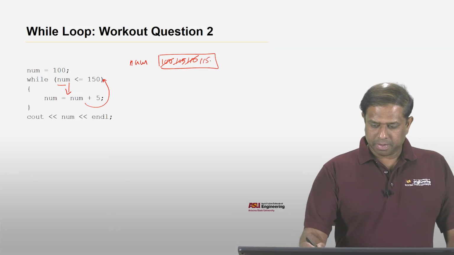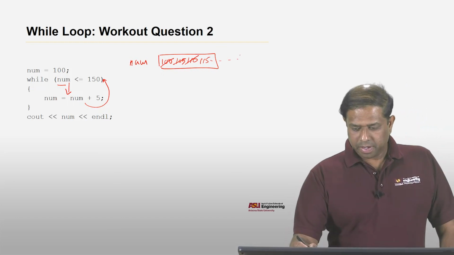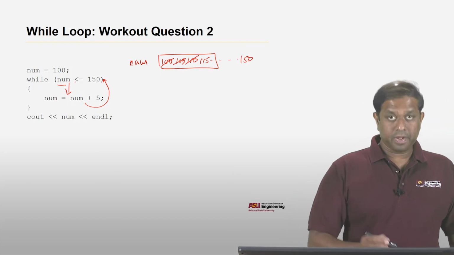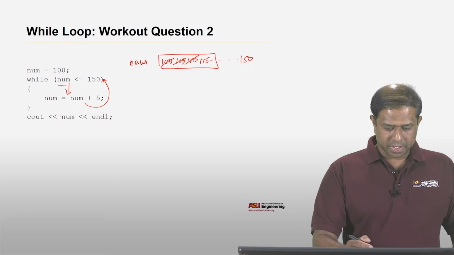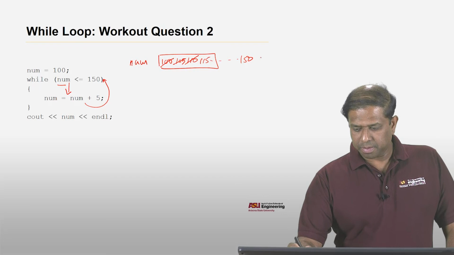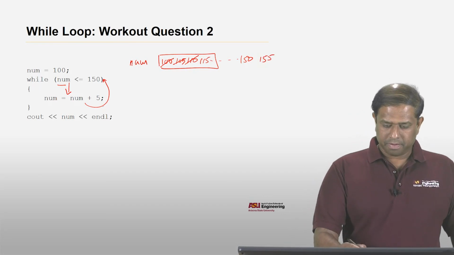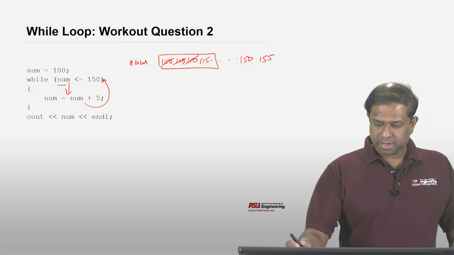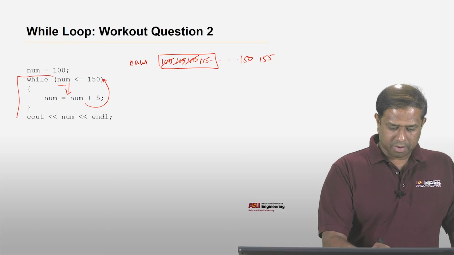So likewise we continue this operation, right? Now when num equals 150, 150 less than or equals to 150, that's also true. So we go inside it and then increment num by 5, so then num becomes 155, right? Now 155 is not less than or equals to 150, so at that point the loop condition fails, so then we get out from the loop.